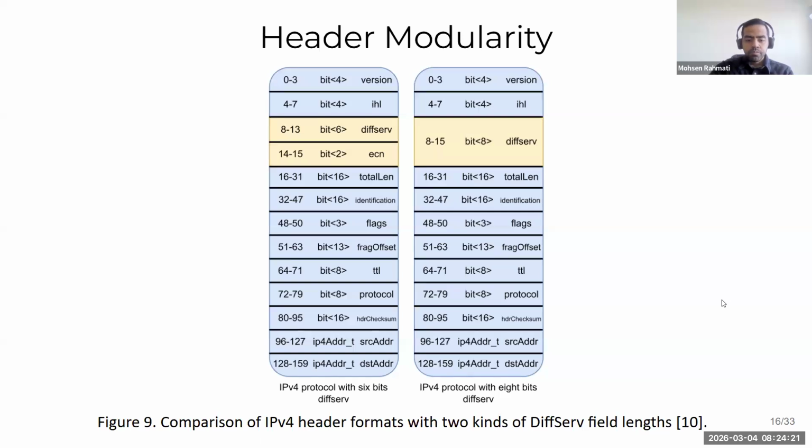Okay, but we also have some problems, for example, about header modularity. For example, we can have two IP version 4 headers with two versions: 6-bit diffserv and 2-bit ECN on the left, and 8-bit diffserv on the right.